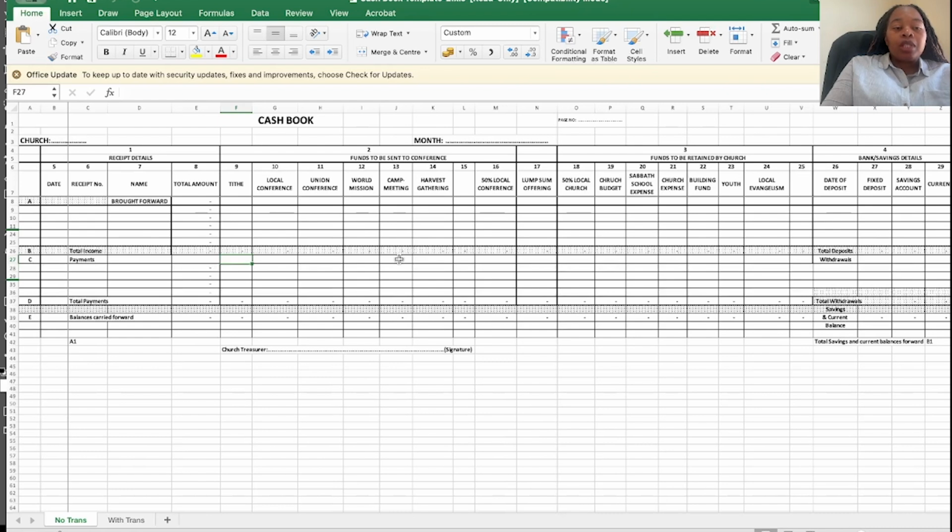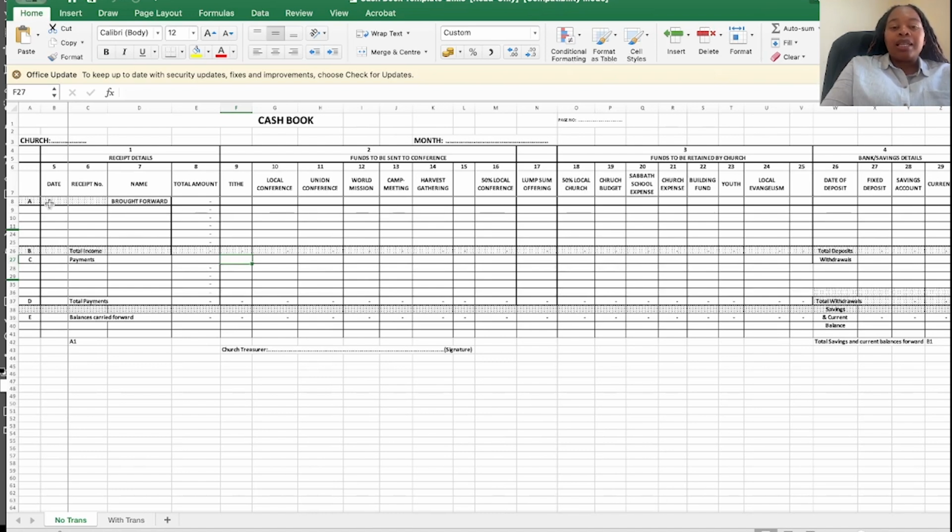And then we've got section A. I forgot to mention section A. Section A is our brought forward. It's our brought forward for the current month, which was the carried forward for the previous month. So those are the balances from the previous month. If you didn't have a complete cash book before you started, you don't need to worry.